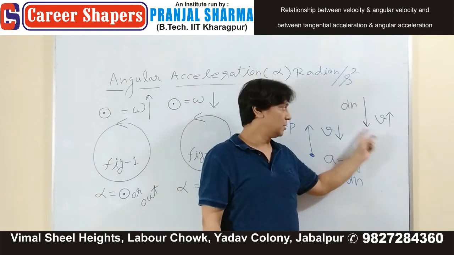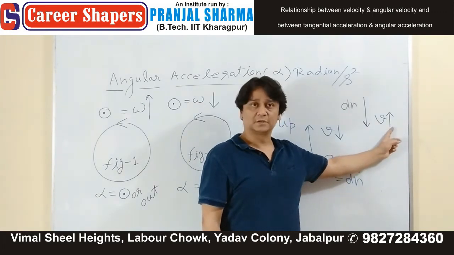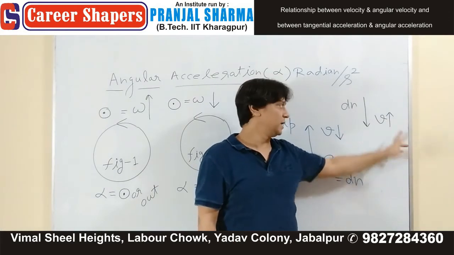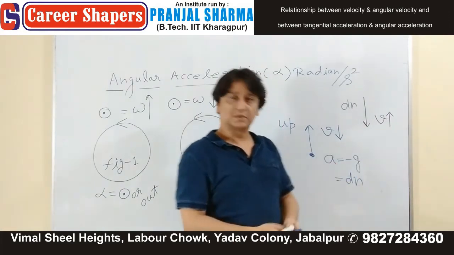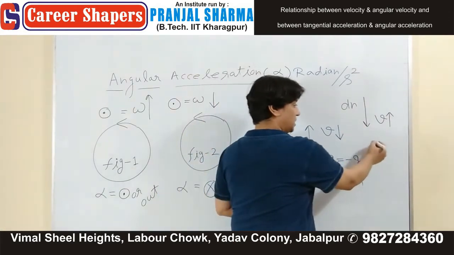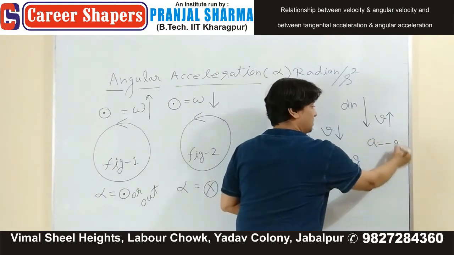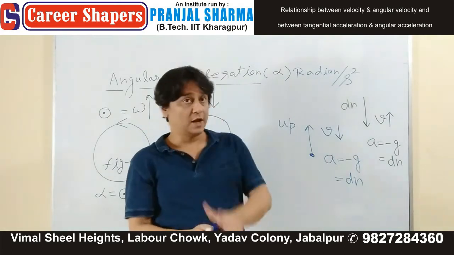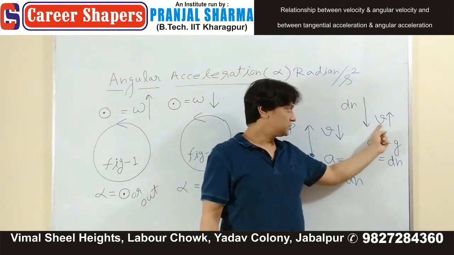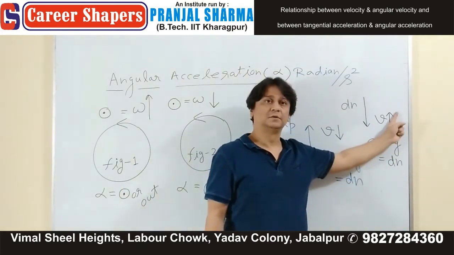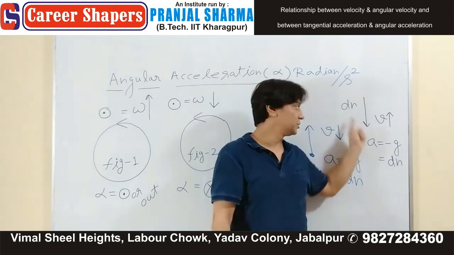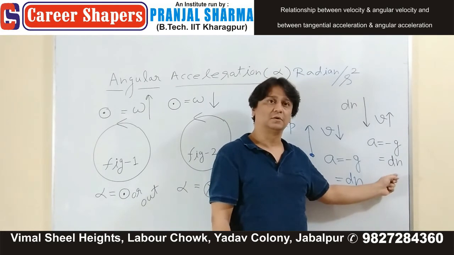Object is coming down, and this arrow is telling us that as it comes down, its speed 8, 9, 10, 11, 12, it increases. What is the acceleration? Acceleration, you know, is again what? Minus g. What is minus? Down. So when velocity increases, they both, velocity and acceleration, are in the same direction.